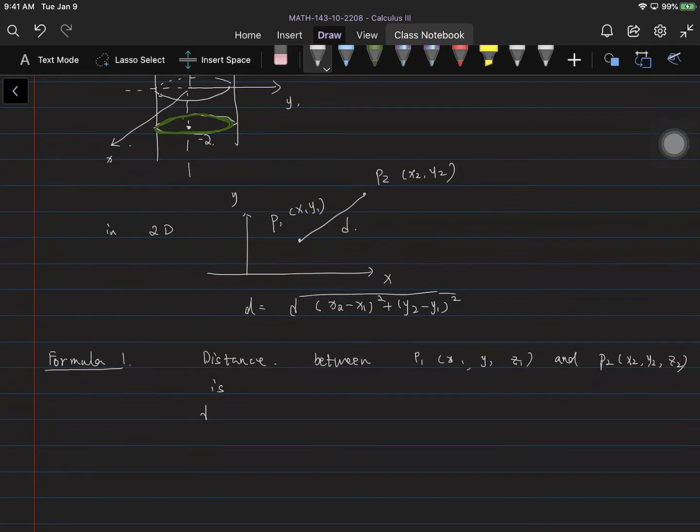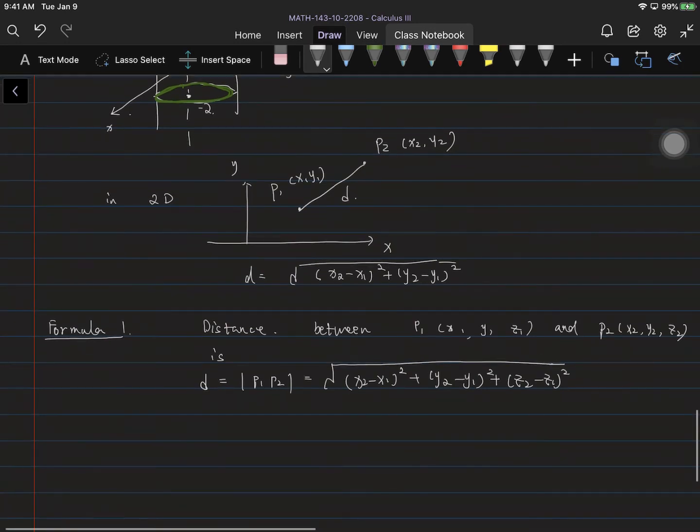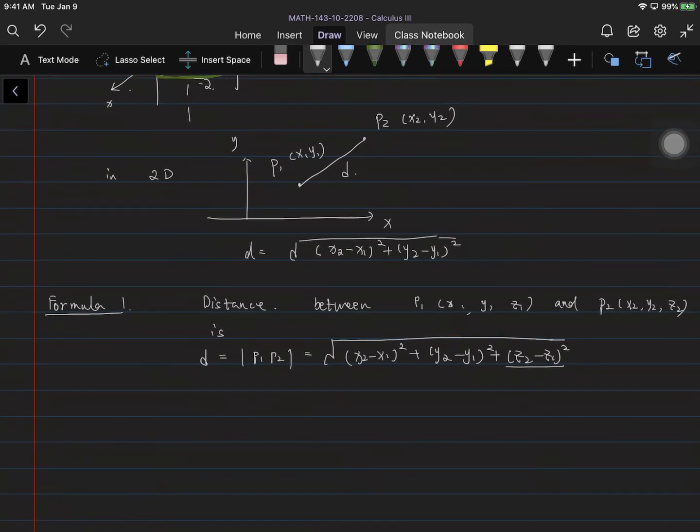We use d as distance, or sometimes we just write down P1P2 with absolute value bars, which means the length. So it equals the square root of x2 minus x1 squared plus y2 minus y1 squared plus z2 minus z1 squared. So similar to the distance in 2D, we just have one more term here. Okay. Now let's take a look at example 3.